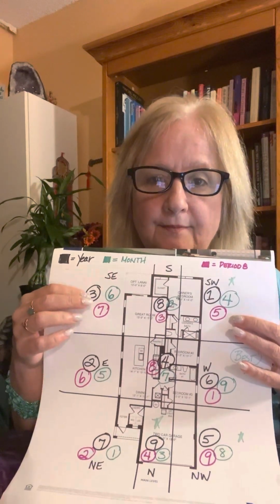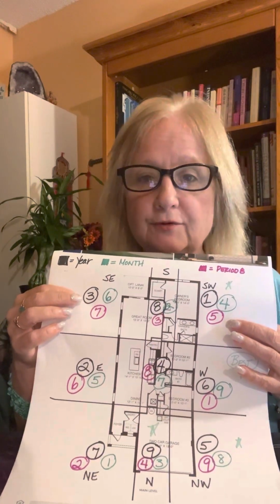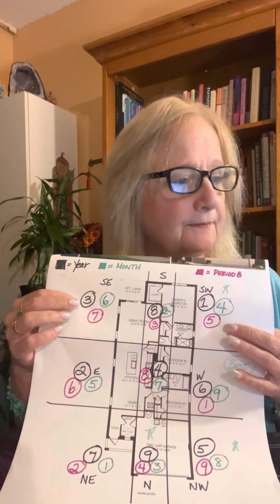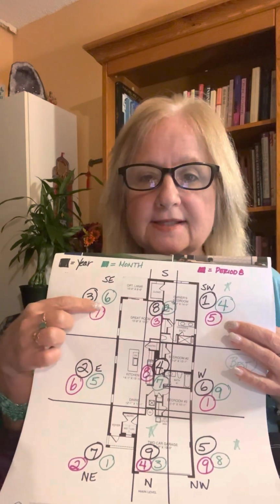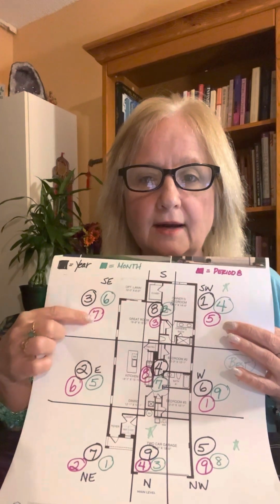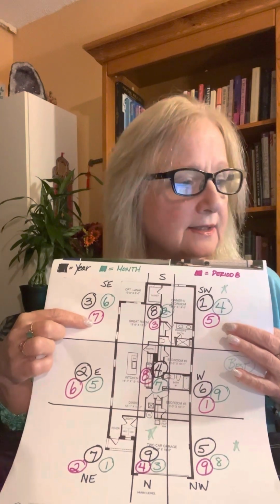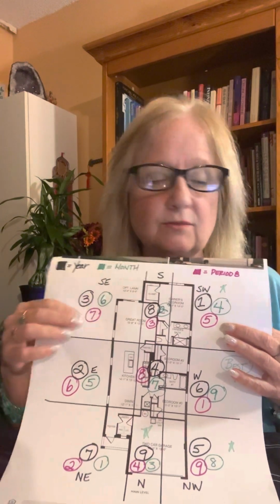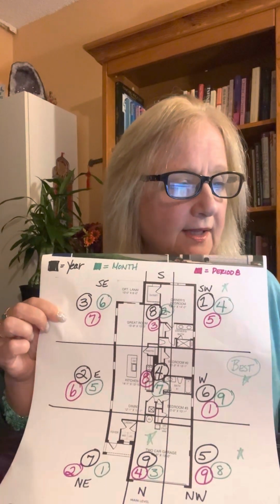So we have the 3-star for the yearly influence. It's not going to change all year. And then we have 6 is the monthly star, and then we have 7 for period 8. And what we do is we analyze and review all of those stars and what they mean.